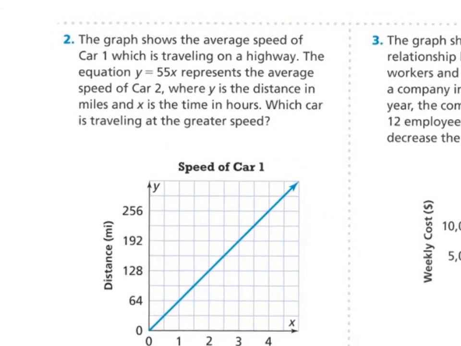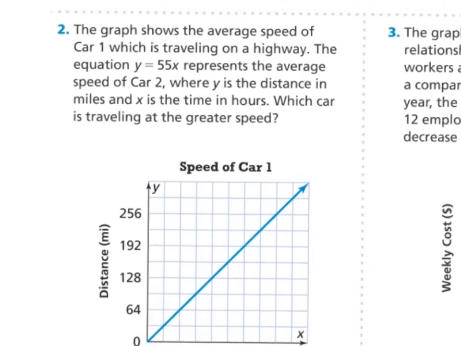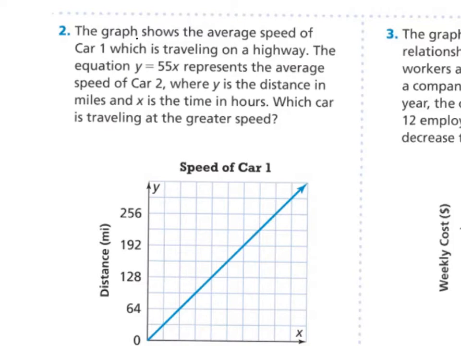Number 2, the graph shows the average speed of car 1. So the graph is car 1 traveling on a highway. The equation y equals 55x represents the average speed of car 2, where y is the distance in miles and x is the time in hours. So the question, which car is traveling at a greater speed?